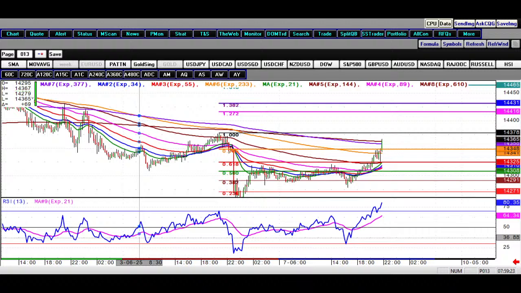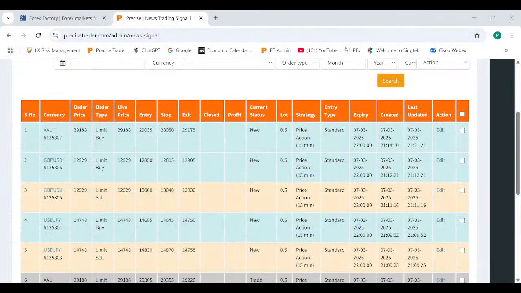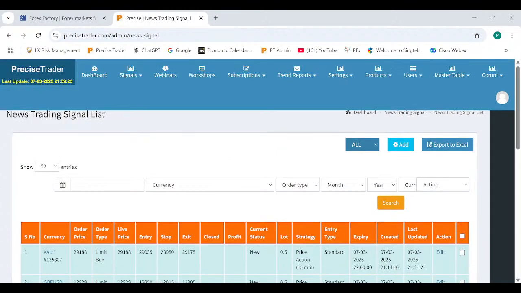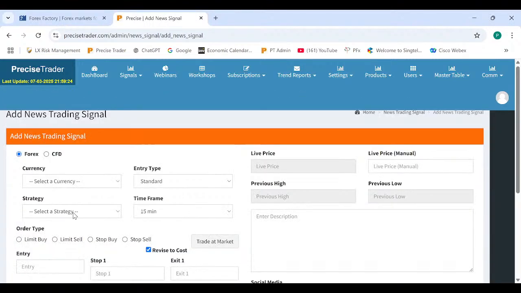So now I'm going to have two types of entry. And my stop loss, I'm going to put it as, because I want to be in the trade, I want to go for a buy.